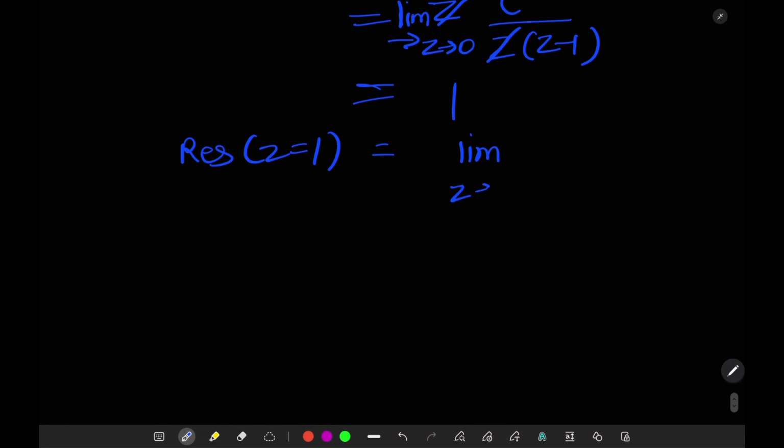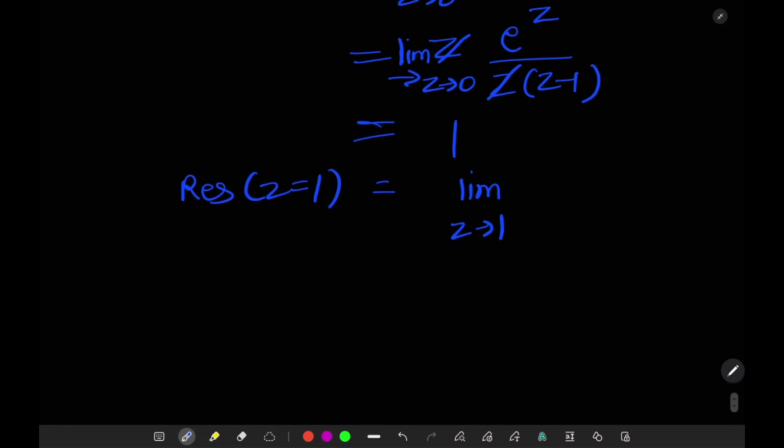Now limit z tends to 1, d over dz, with 1 by (n - 1) factorial given, that's why 0 factorial equals 1, here n - 1 is 2 - 1, and we can write d over dz of (z - 1) whole square f(z).